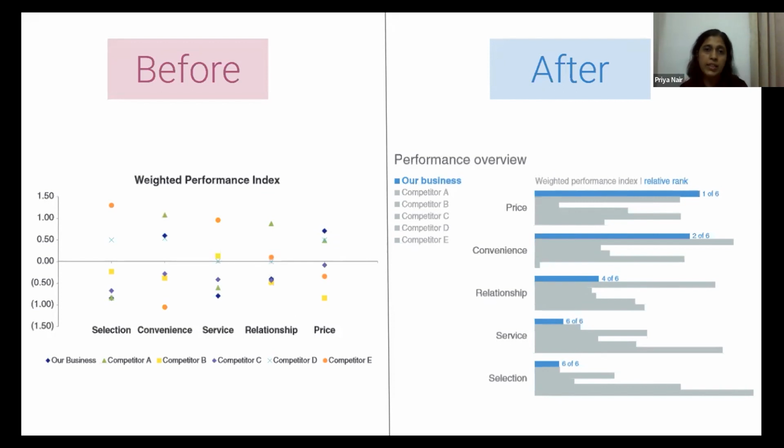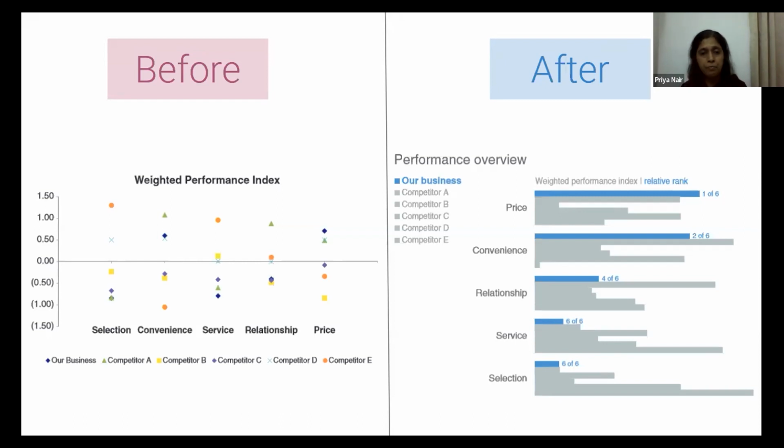We are interested in knowing how we are performing compared to the competitors, irrespective of which competitor, right? That is why all the competitors are in the same color, and only our business is highlighted in blue, with the blue bar, right?